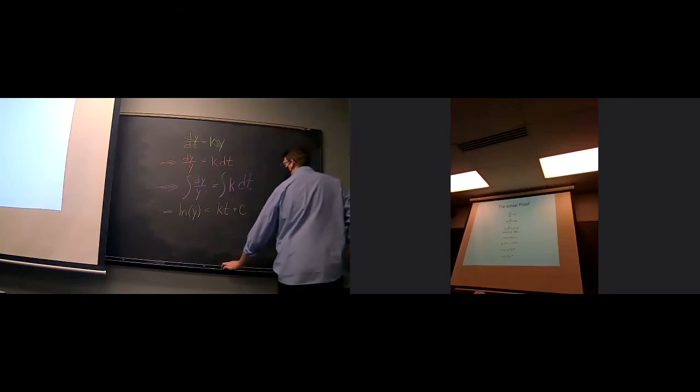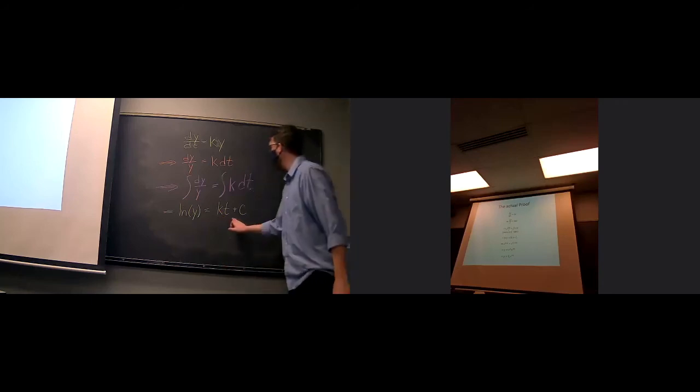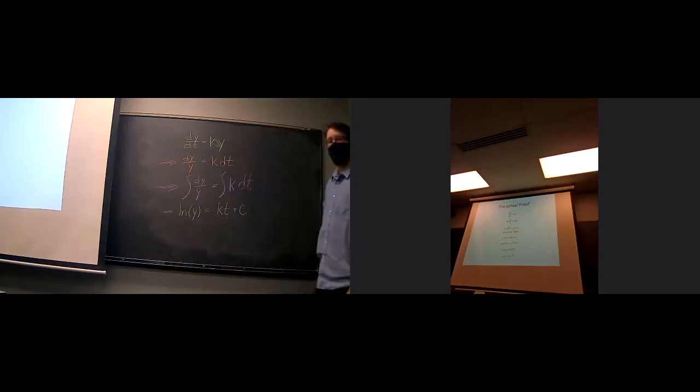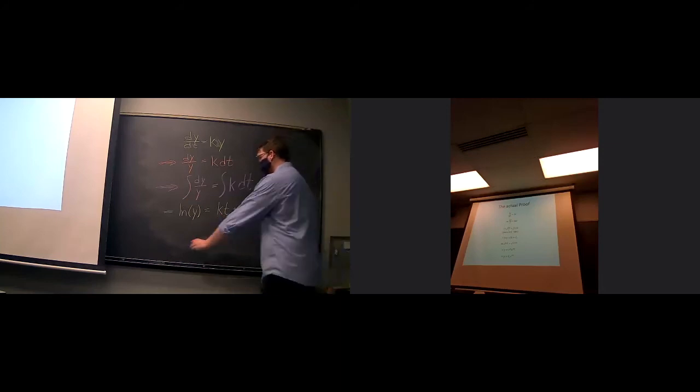So having said all of this, we want to raise e to both sides. So we're going to get e to the ln of y is equal to e to the kt plus c.